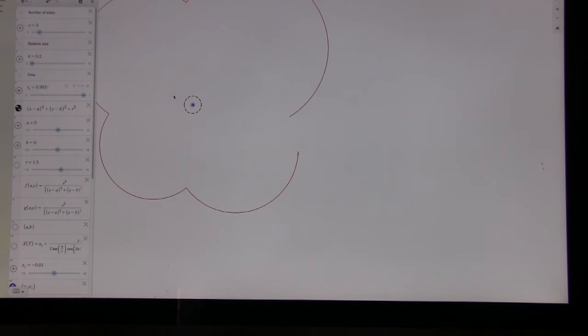There it is. So it's really big. And then if I increase it... Well, making it 0 probably is. 2.3.